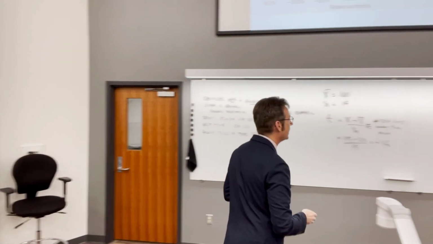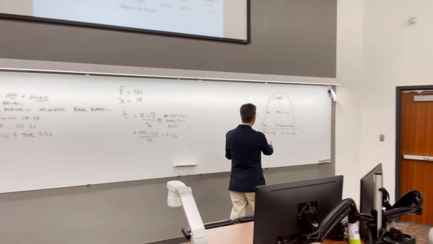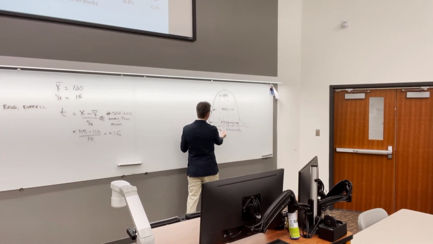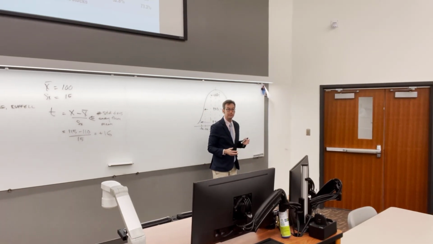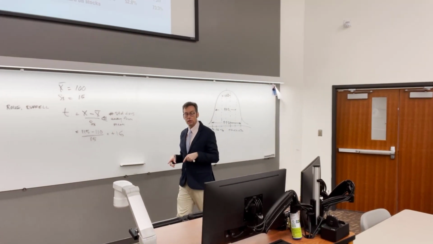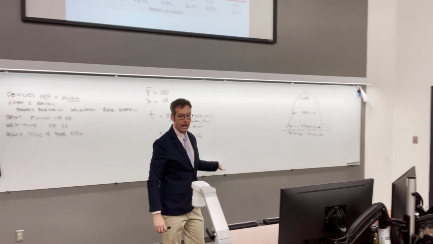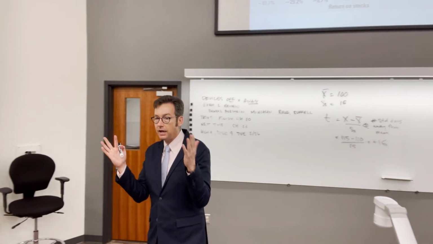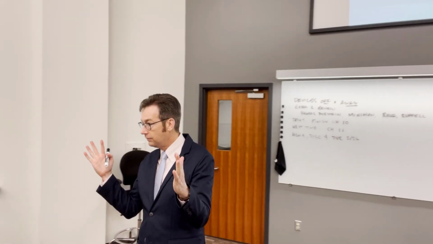I know that everything to the left of the mean, if this whole thing is 100%, is 50%, right? And then I also know that this other half, 68.26%, is evenly divided between minus 1 standard deviation and plus 1 standard deviation. I know that bit is symmetric too.